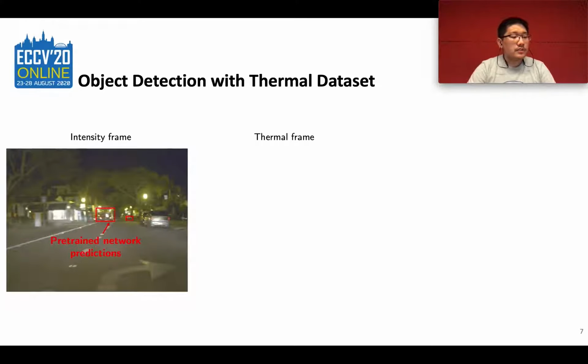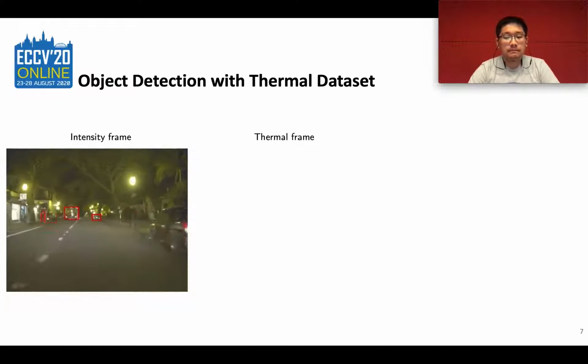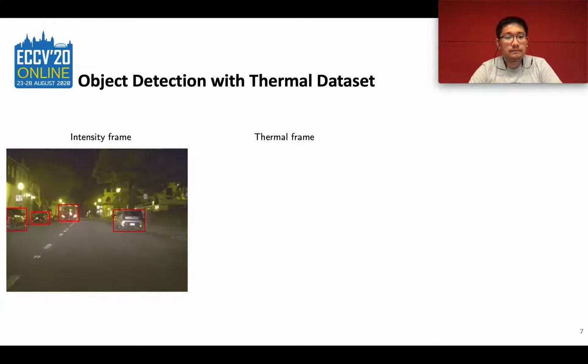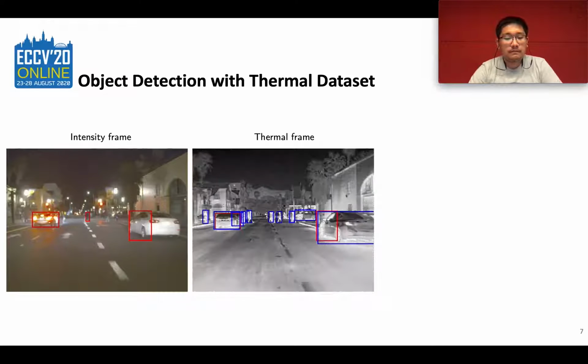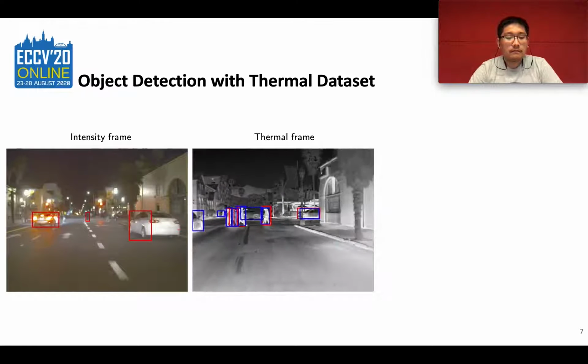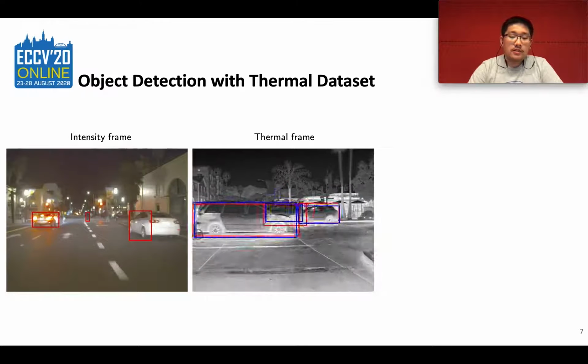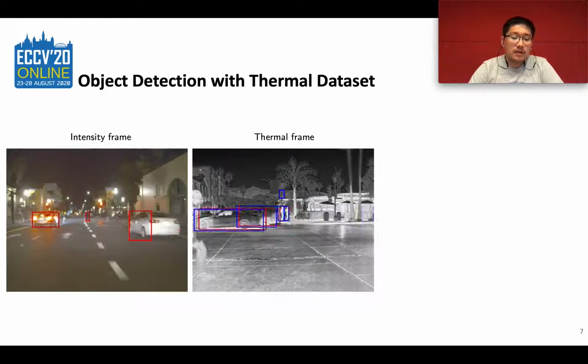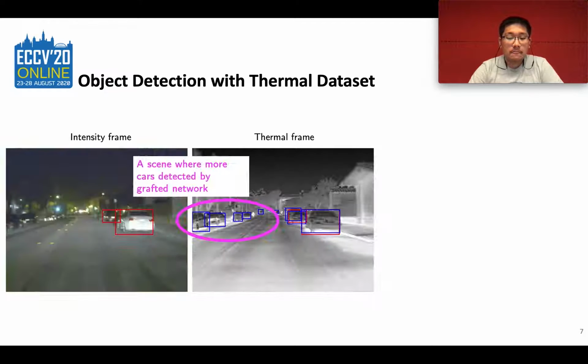The pre-trained network predictions are labeled in red. And the grafted network predictions are labeled in blue. We can see in most cases the grafted network can detect as many objects as the pre-trained network.